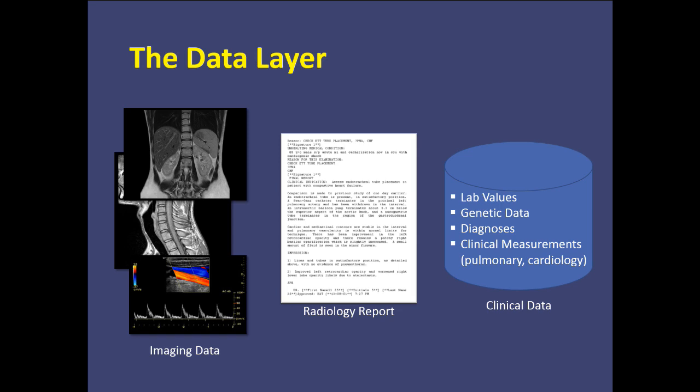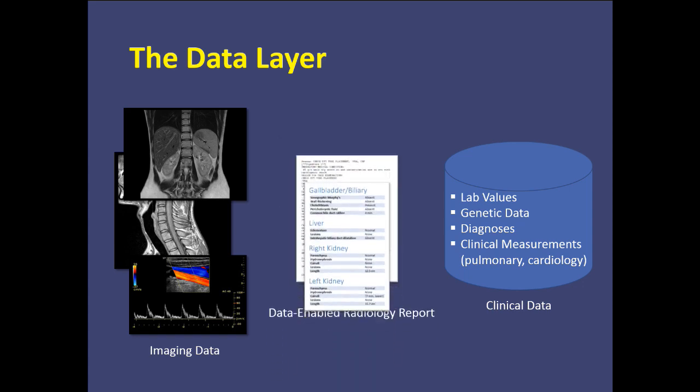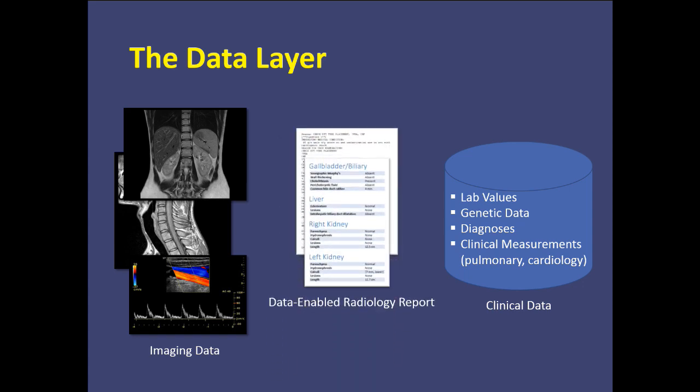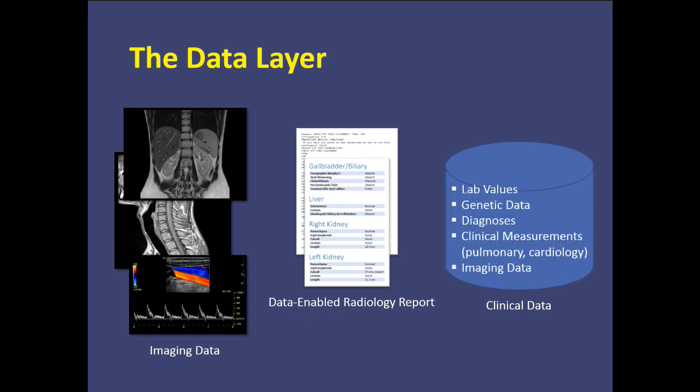And so the way that we are moving toward doing this, the way that the various reporting vendors are moving toward doing this, is creating the concept of what we call a data layer. So in addition to the prose report, which would maybe be what's presented as the official result, a radiologist could also be extracting pieces of data that could then be transmitted into the medical record.